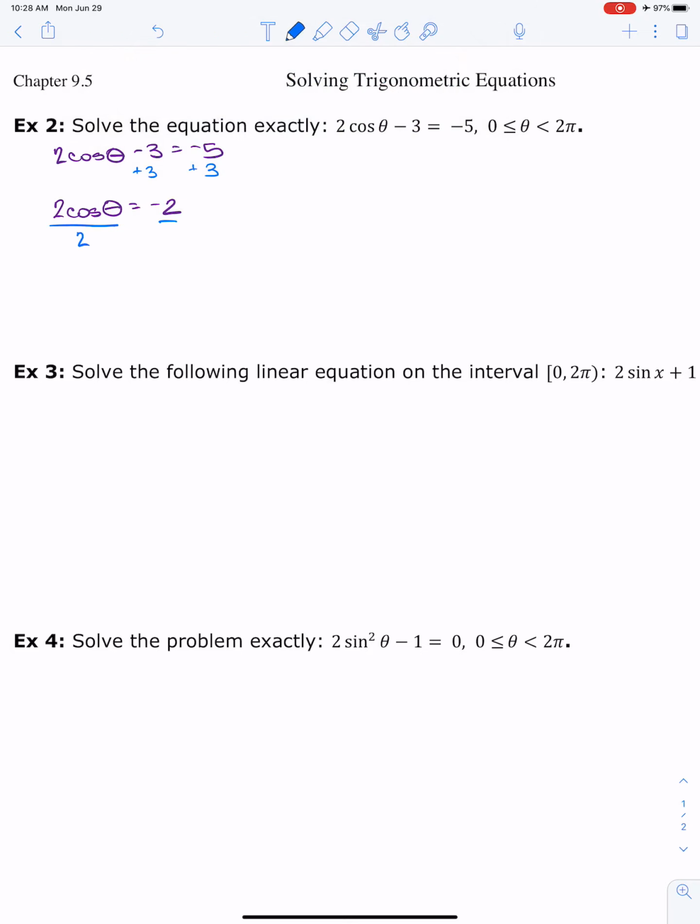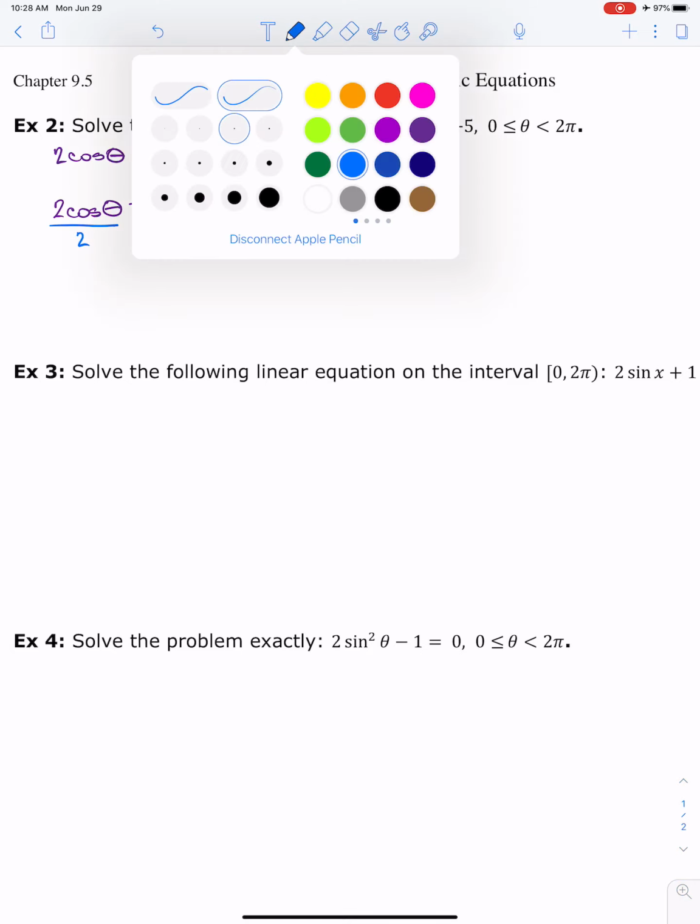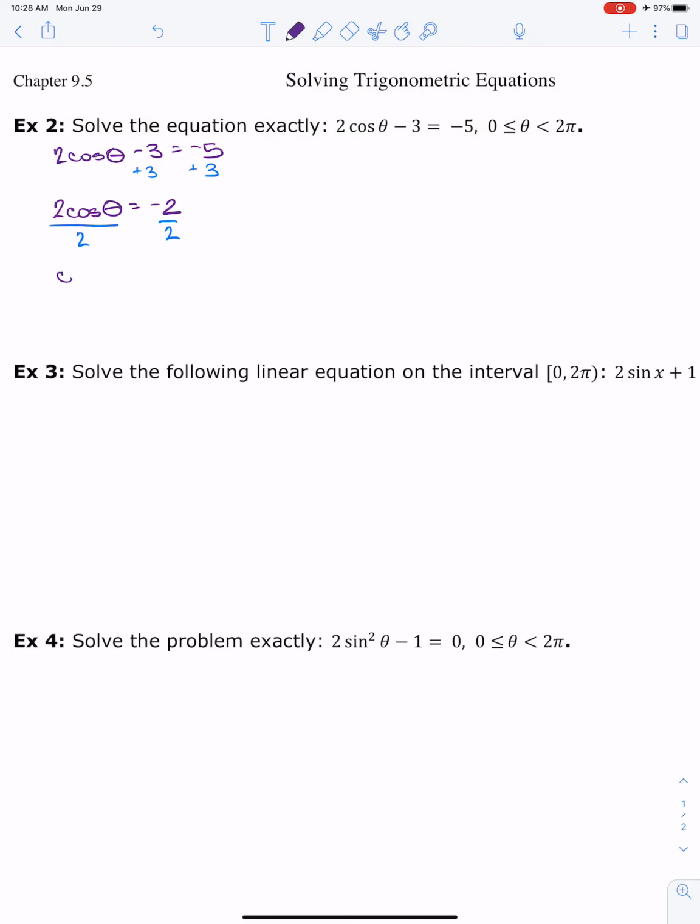Divide by 2? Sounds good. So I got cosine theta equals -1. There's only one place on the unit circle where cosine of theta is -1, and that's where theta equals pi.